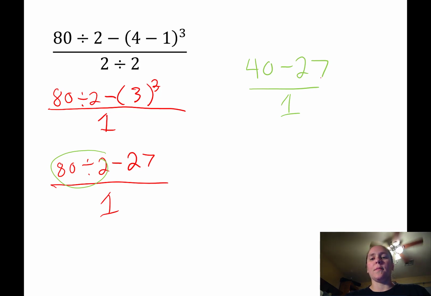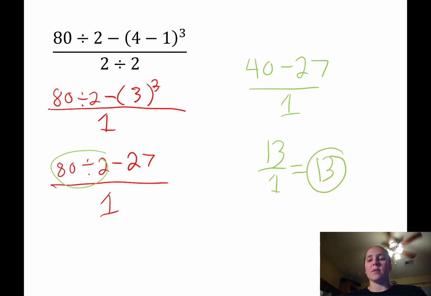Okay, 40 minus 27 gives me 13 over 1. And 13 over the 1 is the same thing as saying 13. So there's my final answer. Remember to make sure you're writing these in your notes.